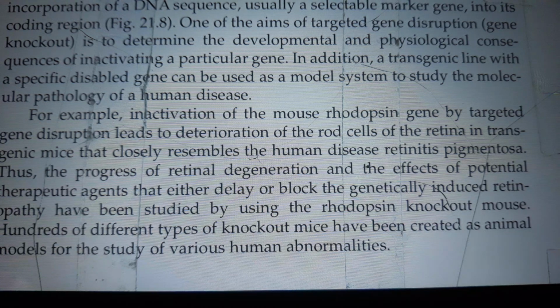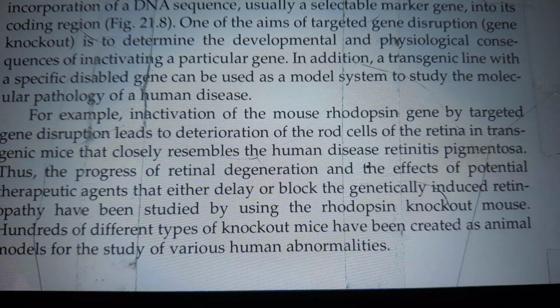For example, inactivation of the mouse rhodopsin gene by targeted gene disruption leads to deterioration of the rod cells of the retina in transgenic mice that closely resembles a human disease, retinitis pigmentosa.